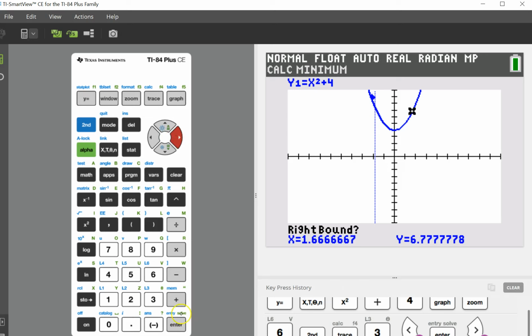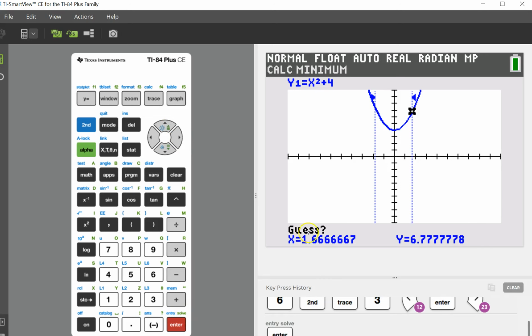Once it's passed, press enter. The word guess, we just press enter. My minimum here is, for x, it says 9.86e negative 8. This is considered to be scientific notation. Anytime you see an e, it means 9.86 times 10 to the negative 8.